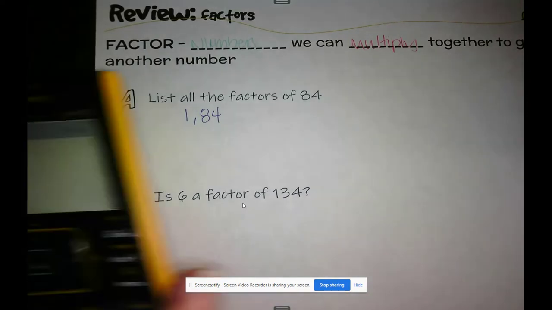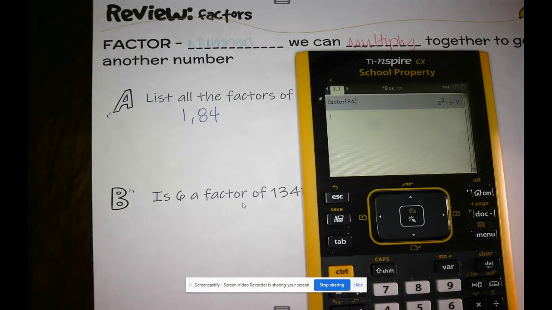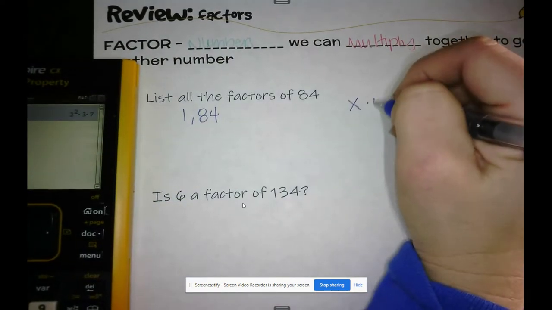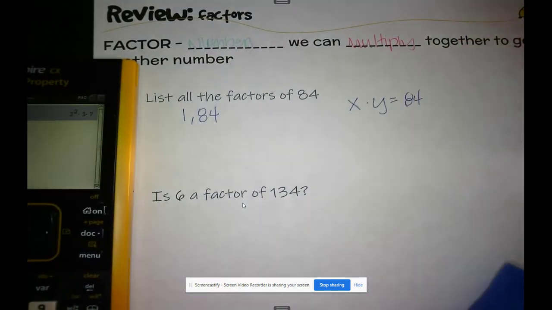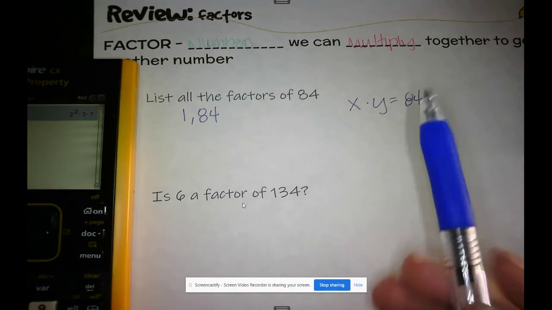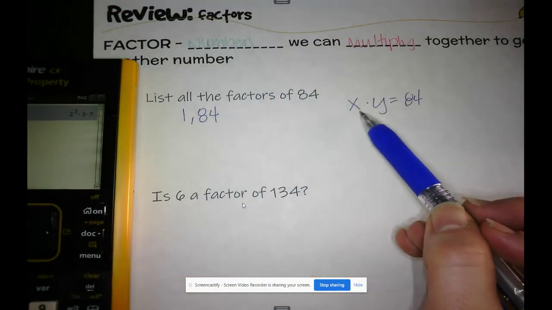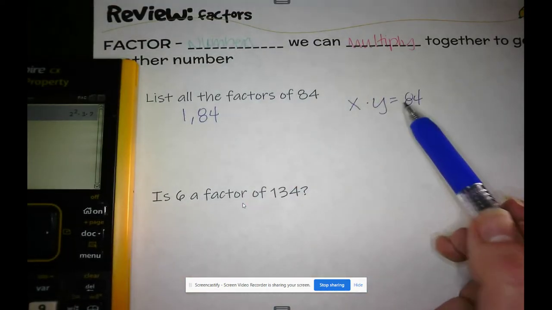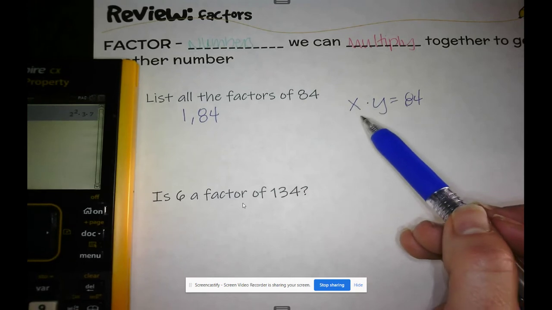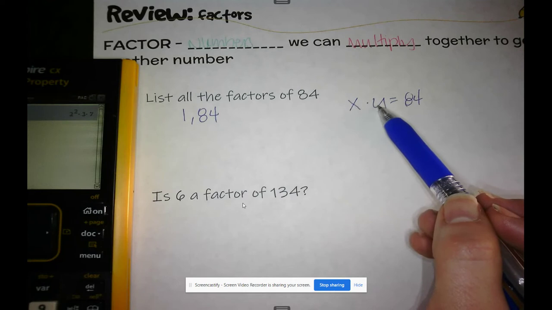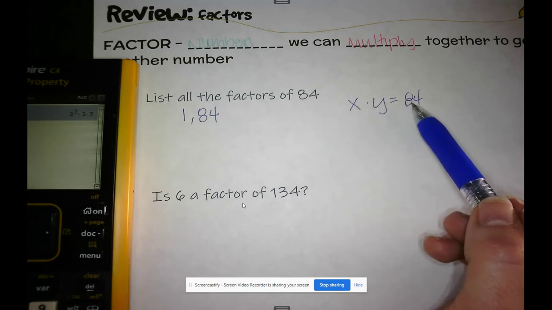Okay, so I'm going to find the other factors. Let's see if 2 is a factor. I'm looking for numbers that multiply together, an x times a y that gives me 84. So I can put numbers here, like 2, 3, 6, and see what multiplies by that to give me 84, if anything does.